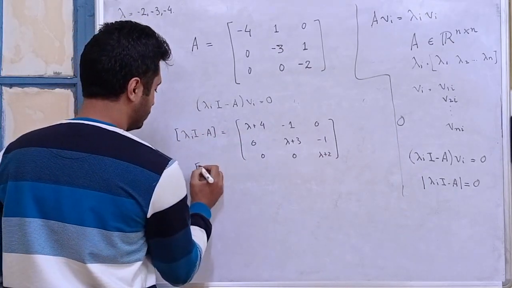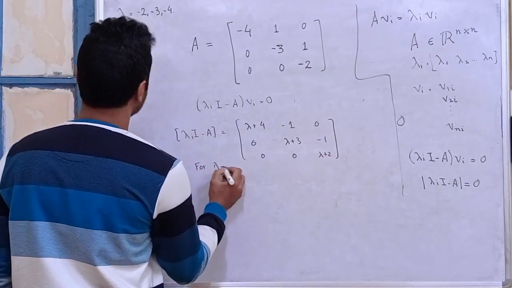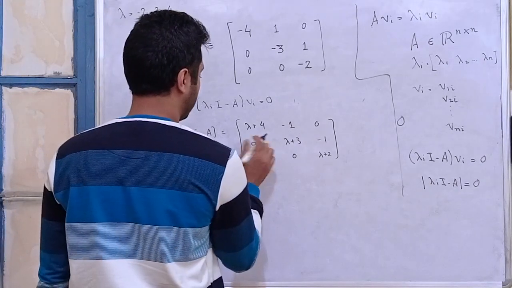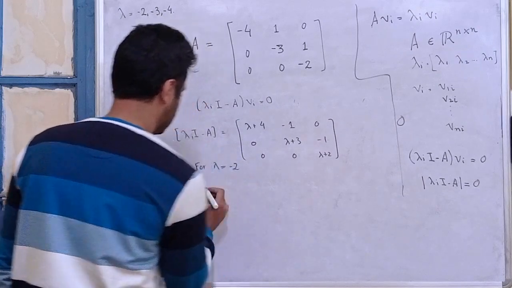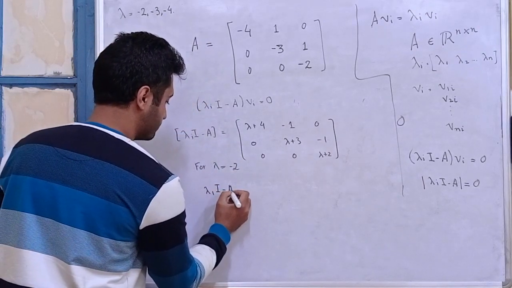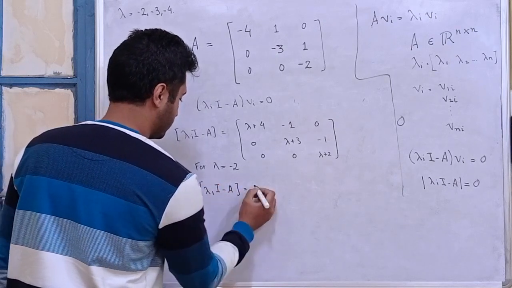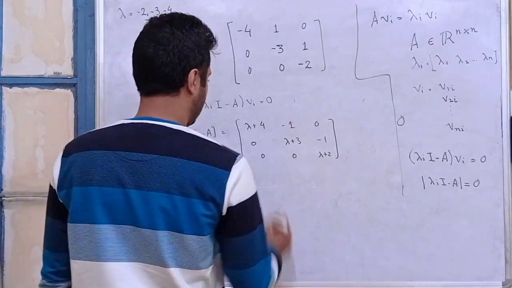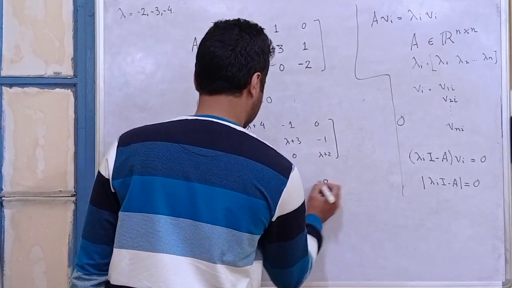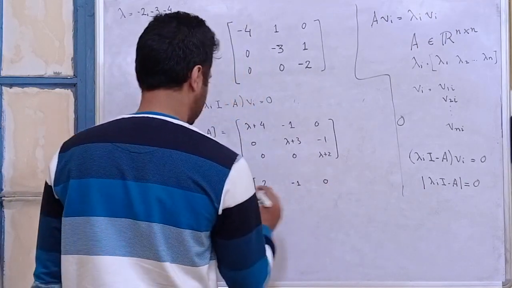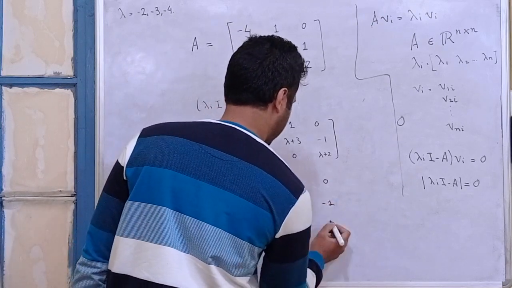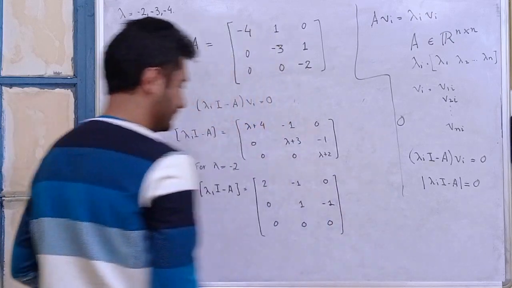Now for lambda equal to -2, your equation, this is the equation, isn't it?